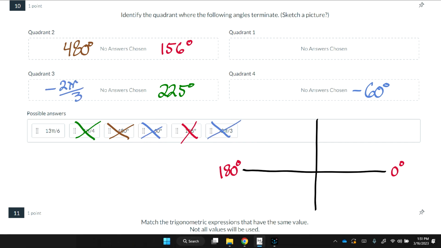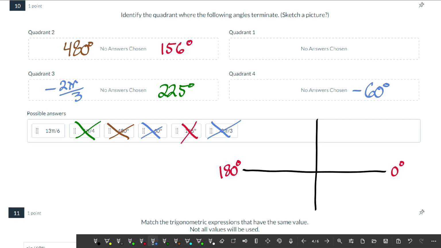And lastly, if you want to figure out what's going on with 13 pi over 6, this one's a little tricky because on the unit circle, it doesn't come all the way to 13 pi over 6. On the unit circle, this angle of rotation is called 11 pi over 6.